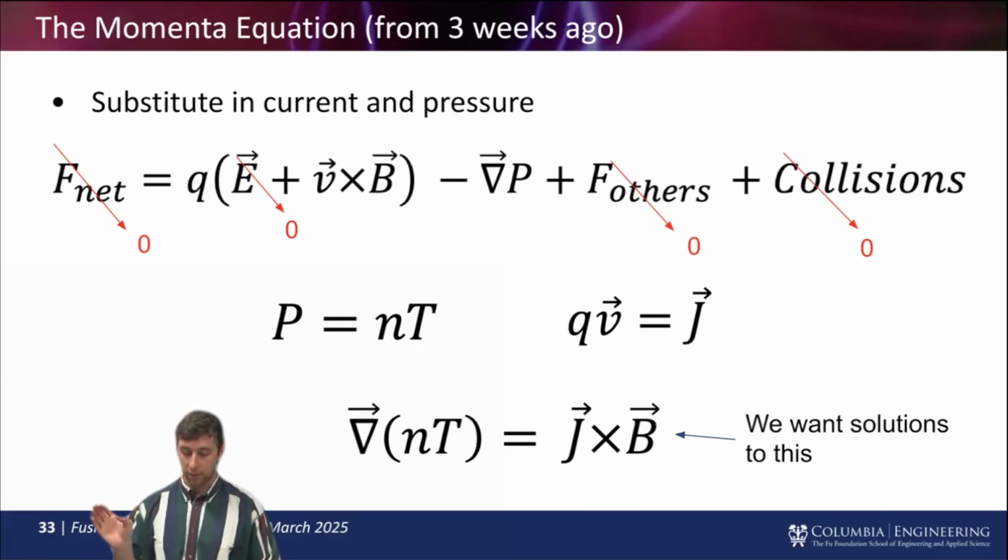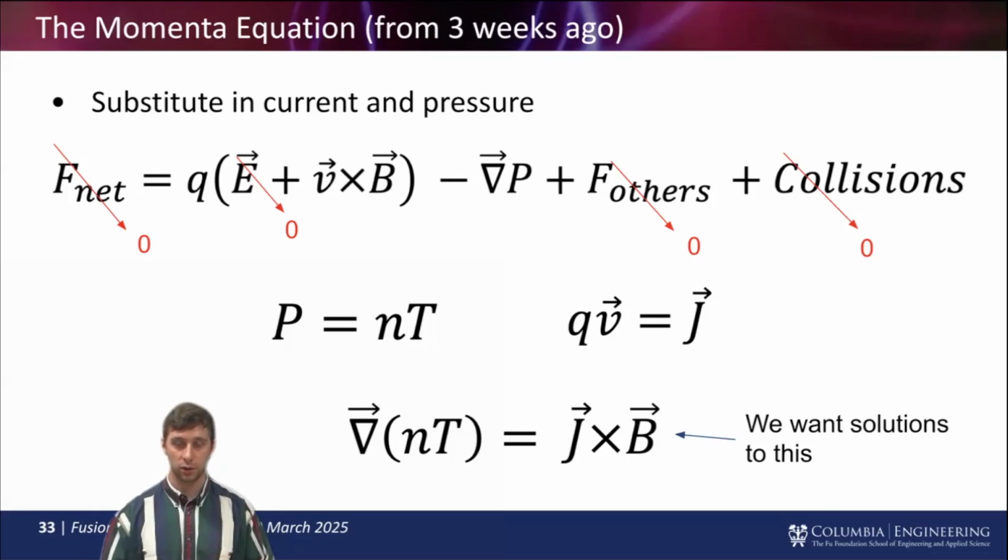So you can see that all in the slide above me. The pressure is defined as the product of the density and the temperature, and the gradient of the quantity nT is equal to J cross B. So we want solutions that will satisfy essentially this equation.